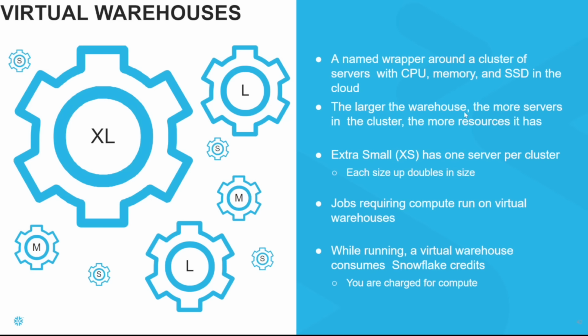The larger the warehouse, the more servers in the cluster and the more resources you have. If you want to run a complex query that is not able to run in a small warehouse, you can always increase the size of the warehouse, where you'll have more resources, more memory and more CPU, so that your queries will run faster.